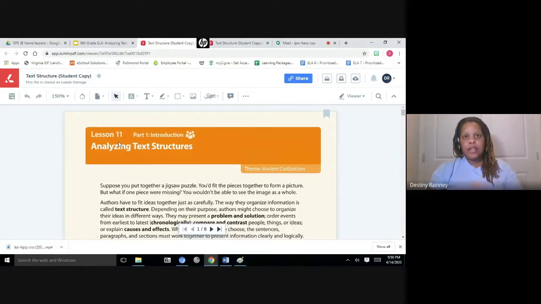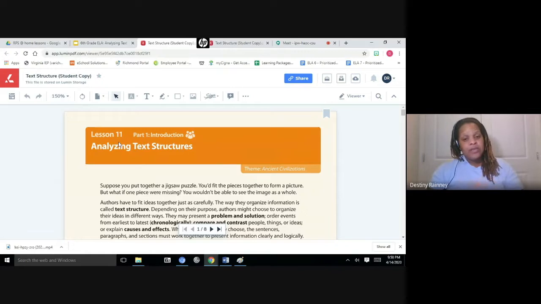So I want you to think, how might you organize material if you were writing a report about an event in history? For instance, World War One. If you were trying to remember the events that might have happened, you would most likely use chronological order, which is writing the events according to time.